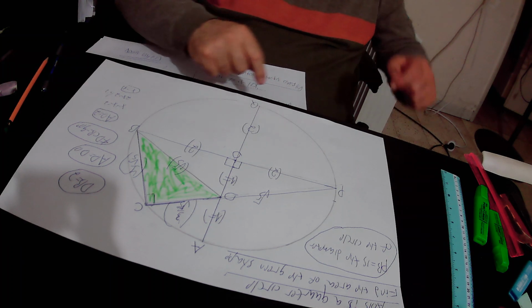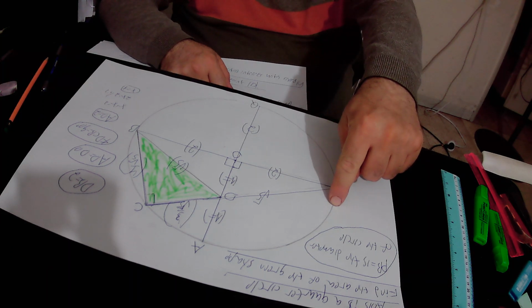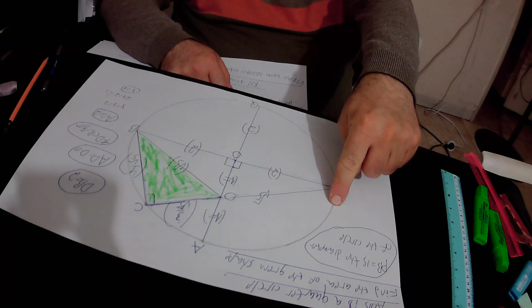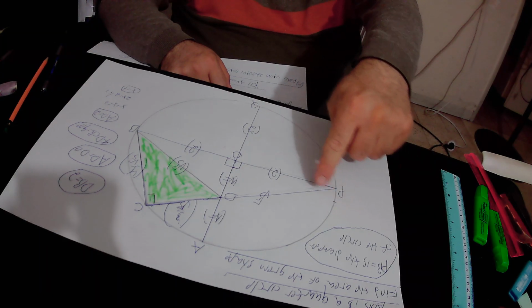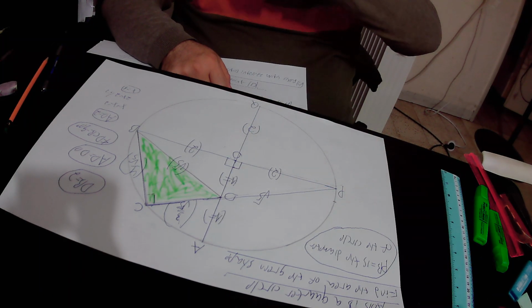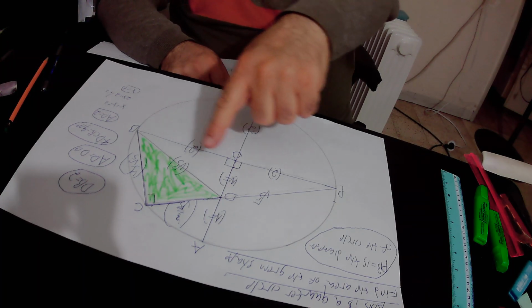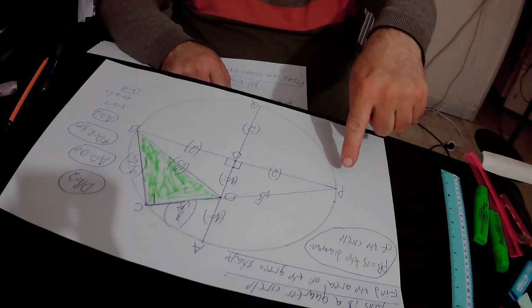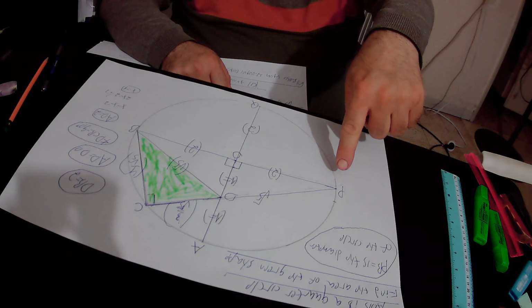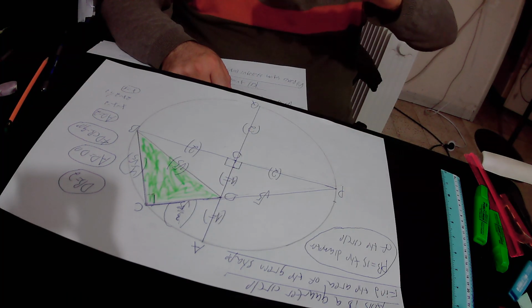Why? Because if the extended side CD touches the circle at another point, it means that we have a peripheral angle equal to 90 degrees, and still it doesn't subtend the diameter of the circle. In order to avoid the contradiction, we must conclude that the extended side CD must touch the circle at point P and only at point P, and not at any other point.